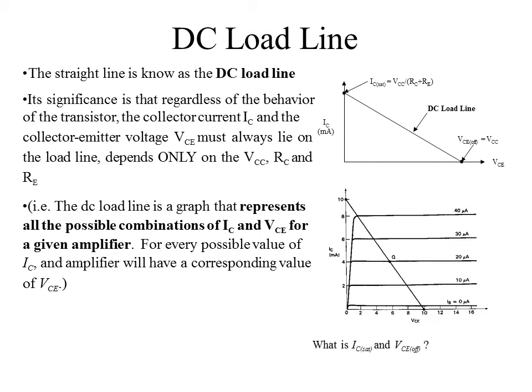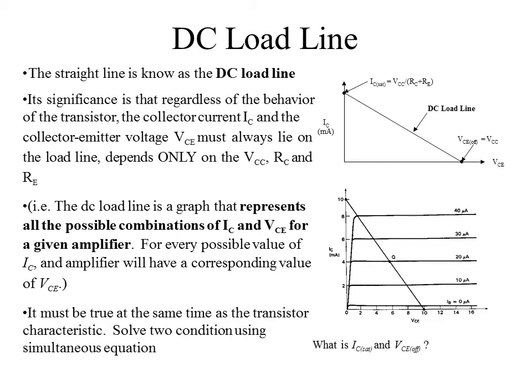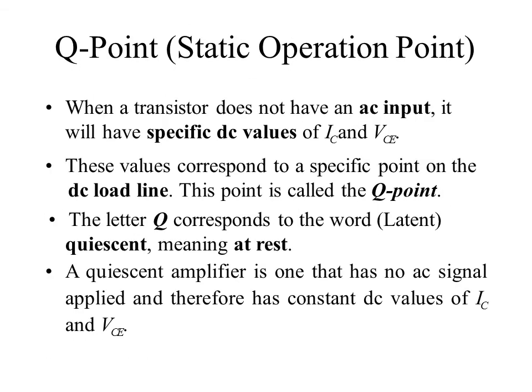You can see in the second diagram that you can draw many DC load lines. Graphically, if you solve these two simultaneous equations, you will get the Q point, as already discussed.